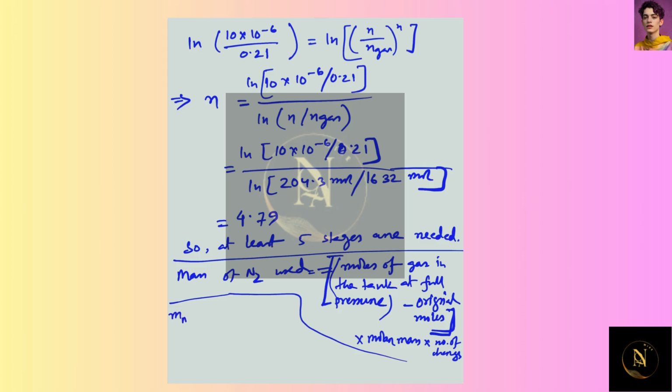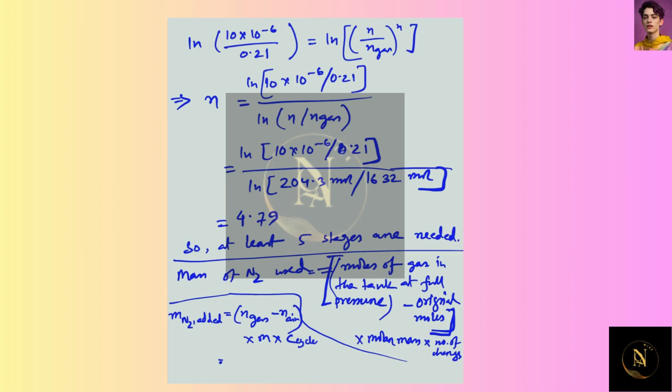Therefore, the mass of nitrogen equals number of moles of gas minus number of moles of air, multiplied by molar mass, multiplied by the number of cycles.